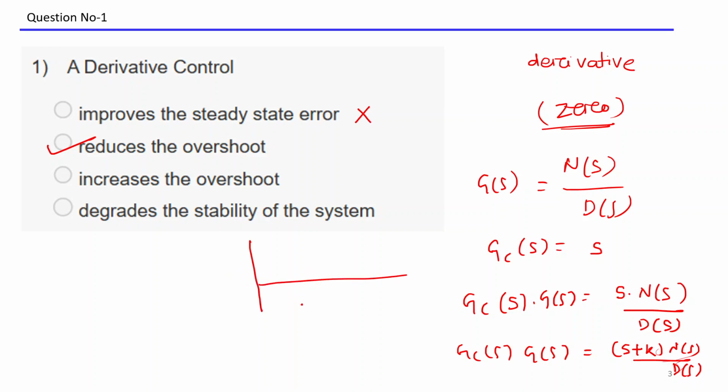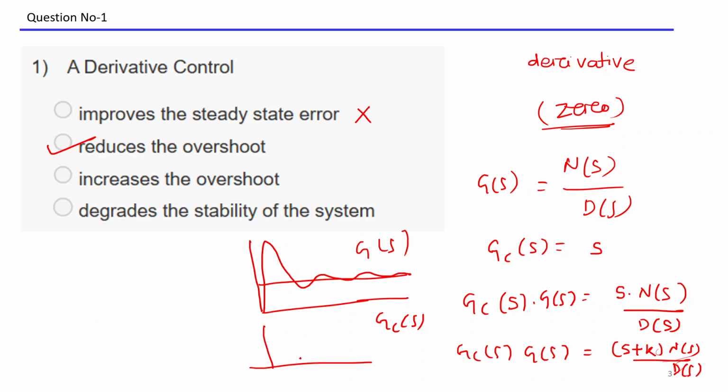Let's say for a unit step input, you know that your step response will look like this. If you add Gc(s) to this G(s), meaning you are adding a derivative control, then here is the reference value, and the overshoot is going to decrease.